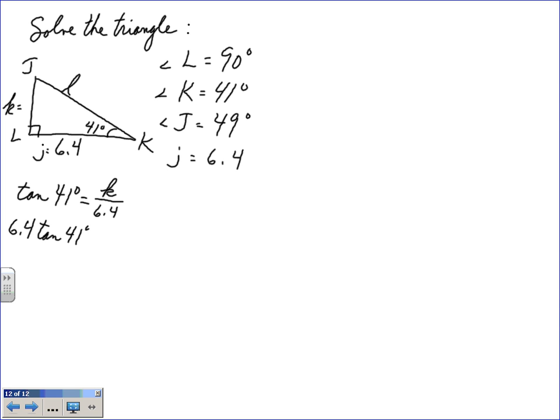And round your answer to the nearest tenth. You don't need parentheses, just 6.4 tangent 41. What is the mark? 5.7. So side K then is 5.7. Rounded to nearest tenth. Oh, 5.6.